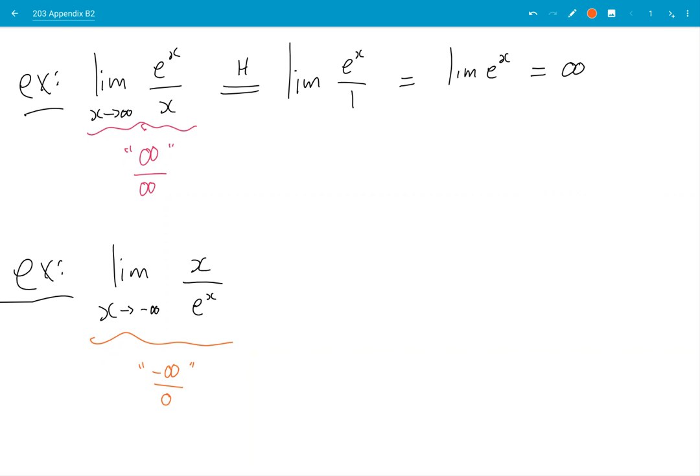And how do I know that I have a 0 here? Well, I have memorized the graph of e to the x. It looks something like this. Okay, so when you're going to minus infinity, you're going that way.